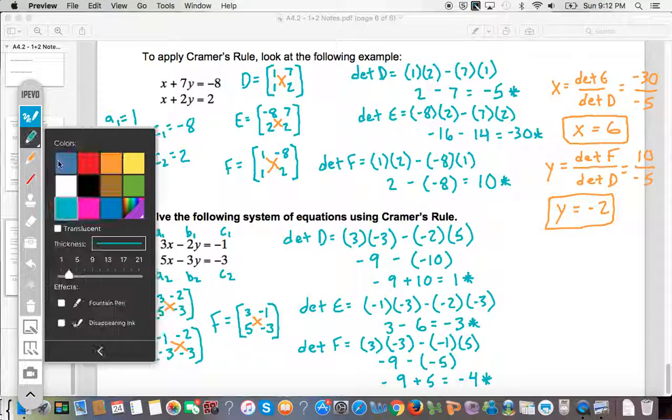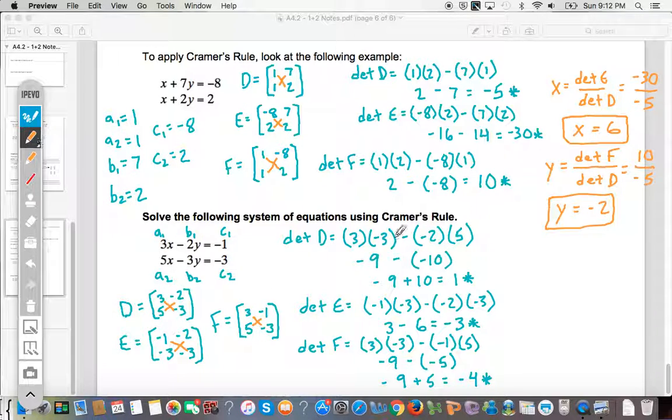So let me change color here. Again, almost done. So x equals determinant of E divided by the determinant of D, which equals negative 3 divided by positive 1. Okay, so x equals negative 3.